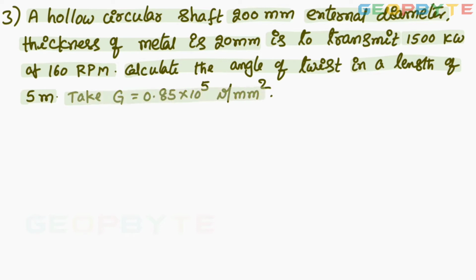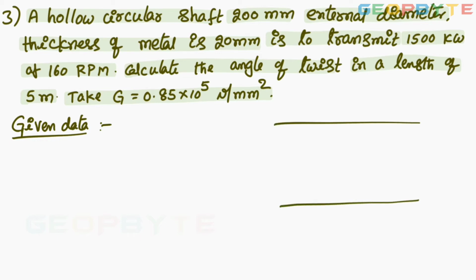Take shear modulus G equal to 0.85 into 10 power 5 Newton per mm square. That is the data. First let us write the given data. It is for a hollow shaft.